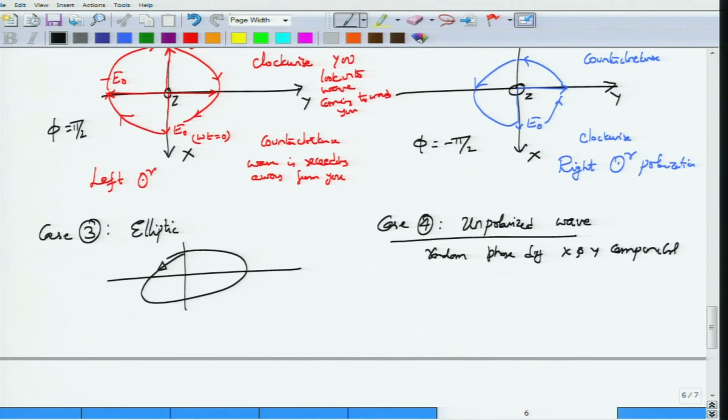Moreover, they need not be at the same frequency, or it will have a combination of different frequencies. So they are all at different frequencies and there is a random phase between them, with the result that the electric field vector would point in a particular direction at a particular time, and its direction will change with time in a completely unknown manner.